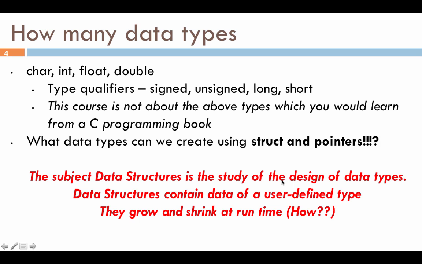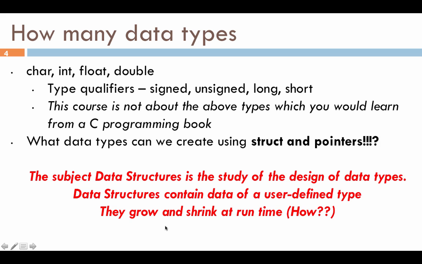Now, this is not completely correct because integer and character and float and double are not user-defined types. But in this course, when you study data structures, you will be creating your own types. Therefore, we will be creating data structures which contain data of types created by you or types created by me. Therefore, you can now visualize a data structure to be something that contains data of a certain type.